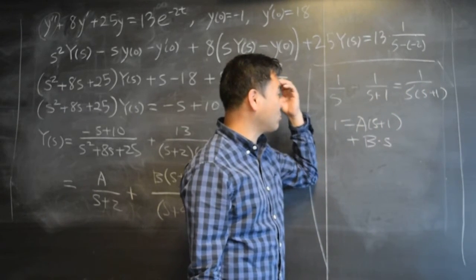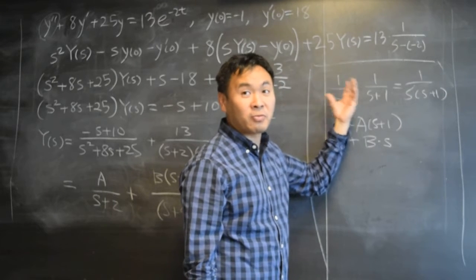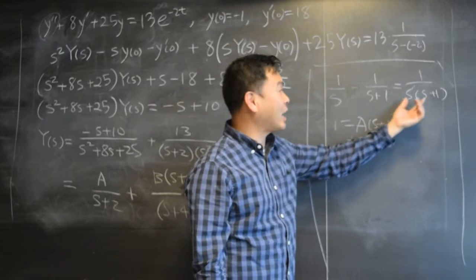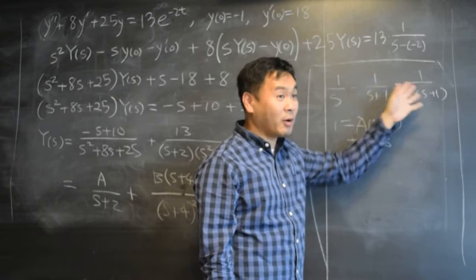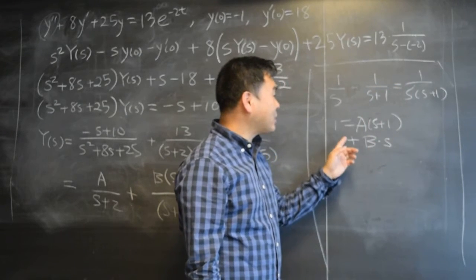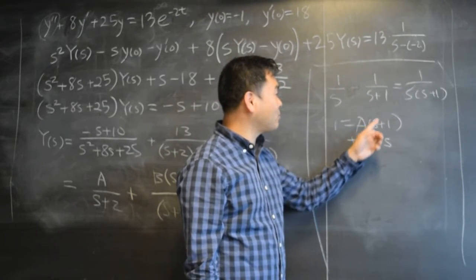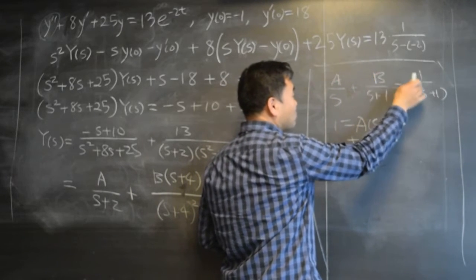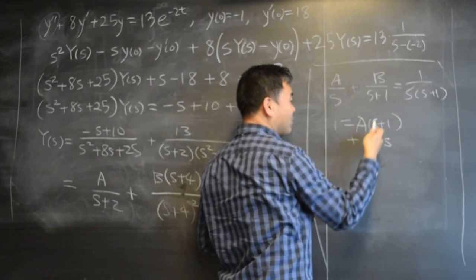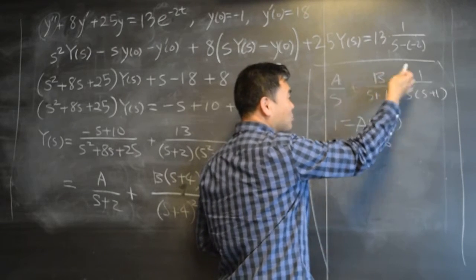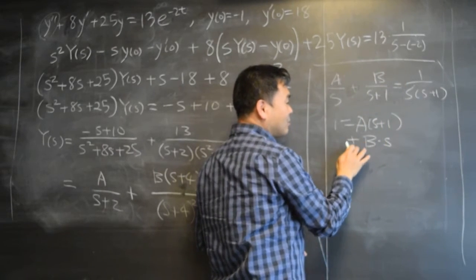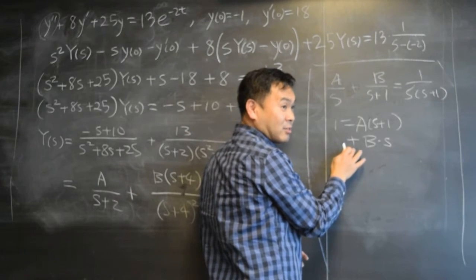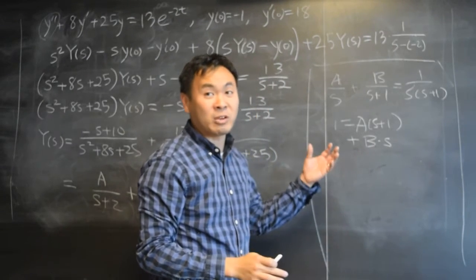Whether s is equal to 1, 2, 3, 4, 5, any value you plug in on the left, any value you plug in on the right, they're always the same, right? So because this was inherited from the original one, this gave us this, and since this is supposed to hold for all values of s, this should also be true for all values of s. Okay?